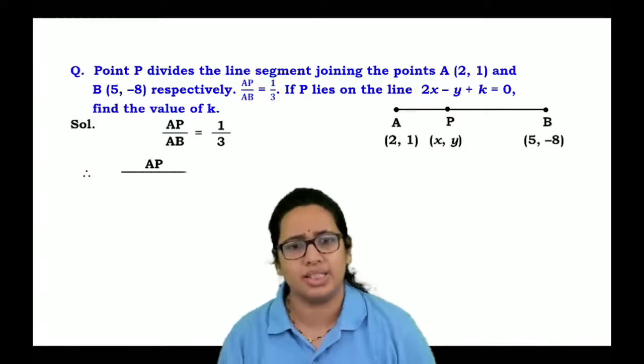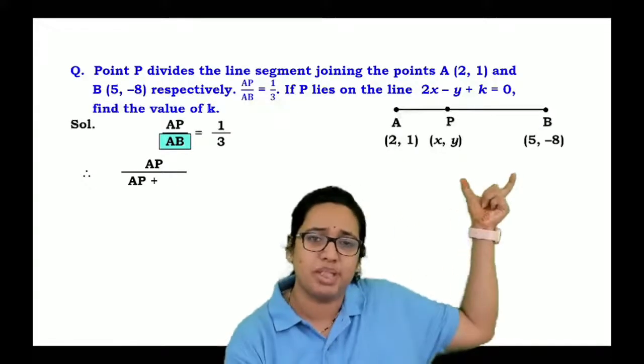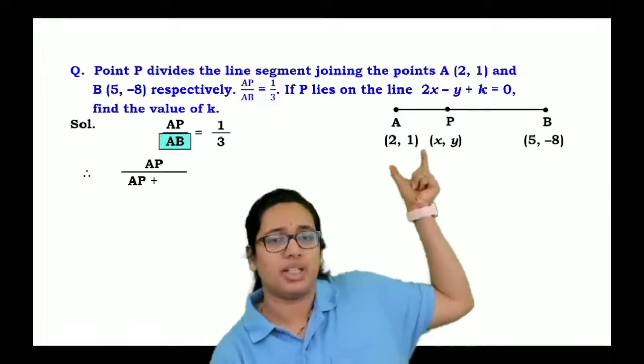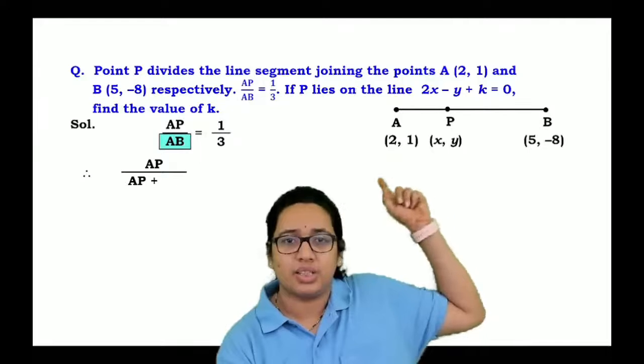Okay. So can I say that AB is nothing but AP plus PB, right? What was given was AP divided by AB is 1 as to 3.